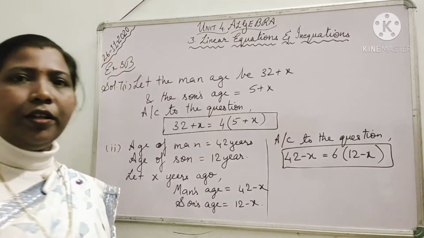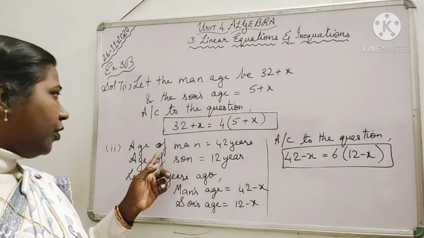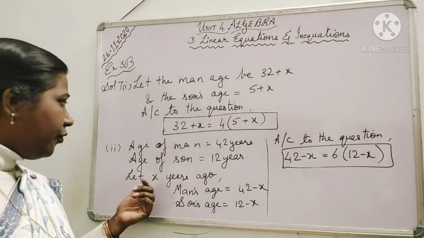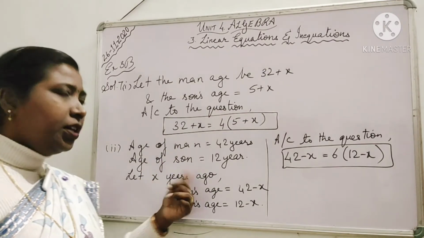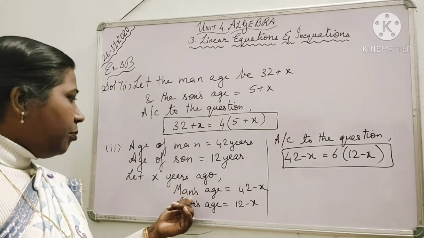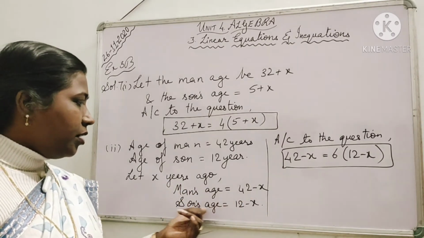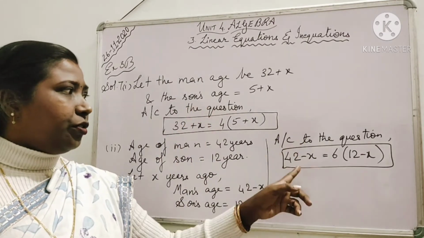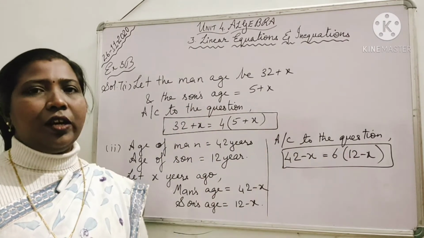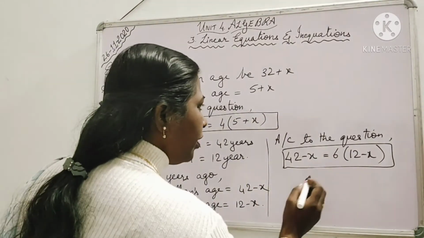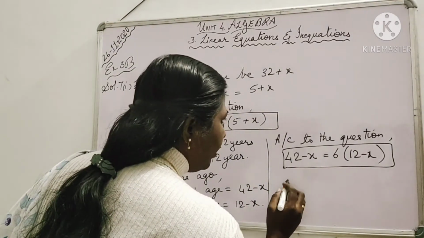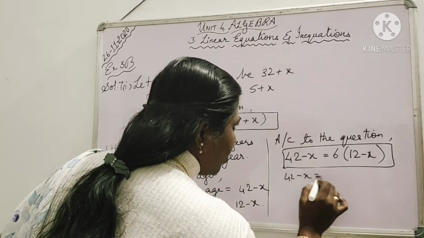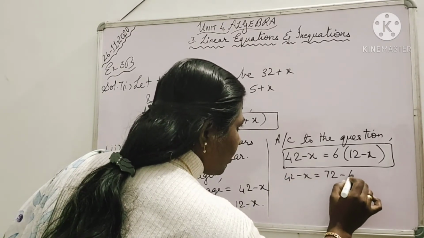Students, I hope you understood. First we write age of man 42 years, age of son 12 years. Let x be the years ago. Then man's age is 42 minus x, son's age is 12 minus x. According to the question, 42 minus x is equal to 6 times 12 minus x. Now after solving, 42 minus x is equal to 72 minus 6x.